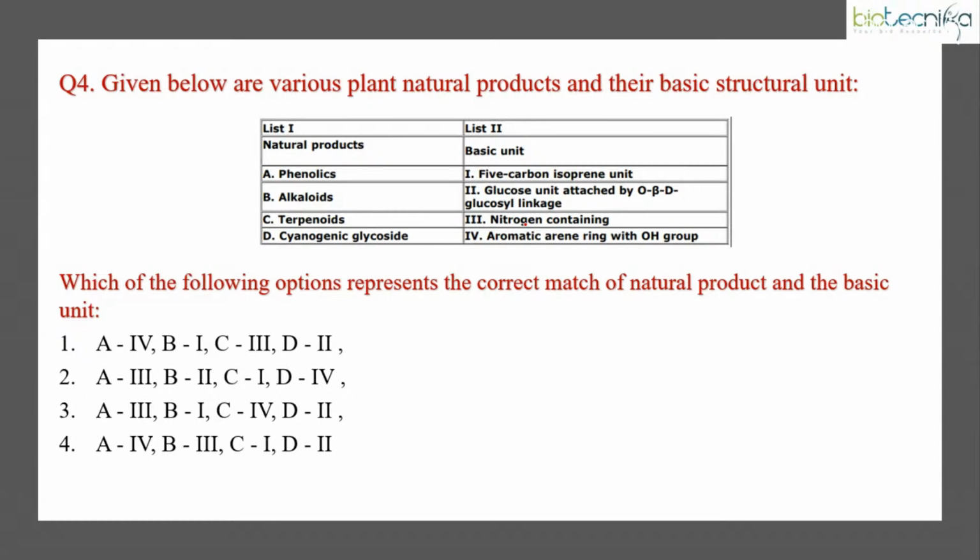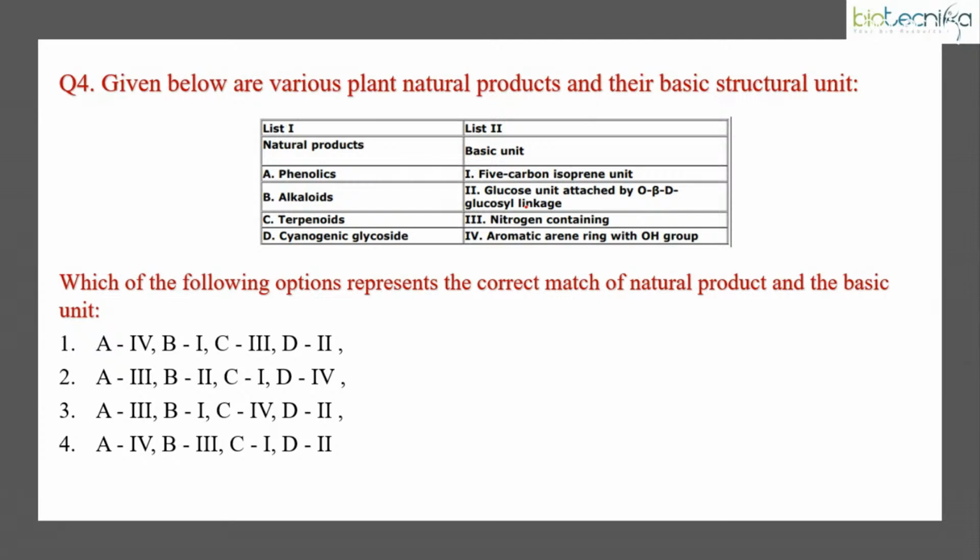If you are clear with your concept, if you are clear with this reference book, then no one can stop you from getting the highest marks in the plant physiology part. Very rarely you get some kind of experimental question. Okay. Yes, Debashri also gave the answer.